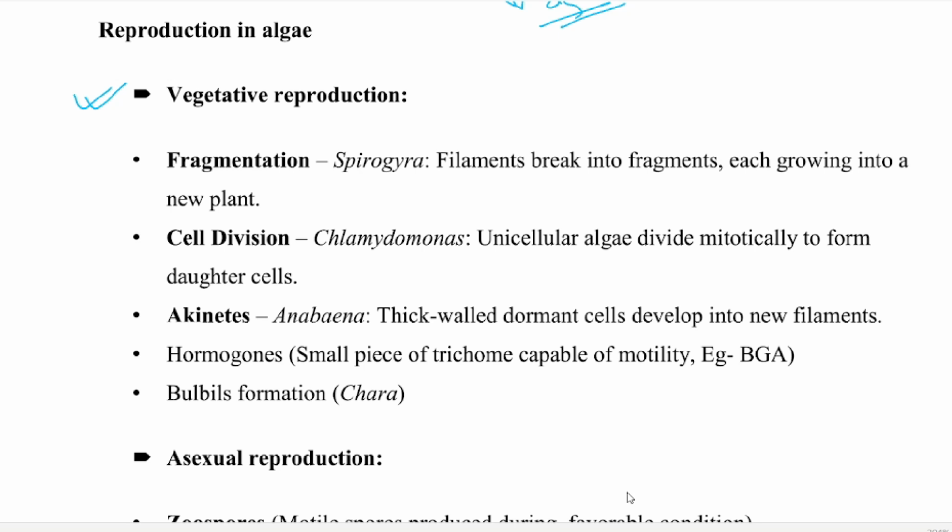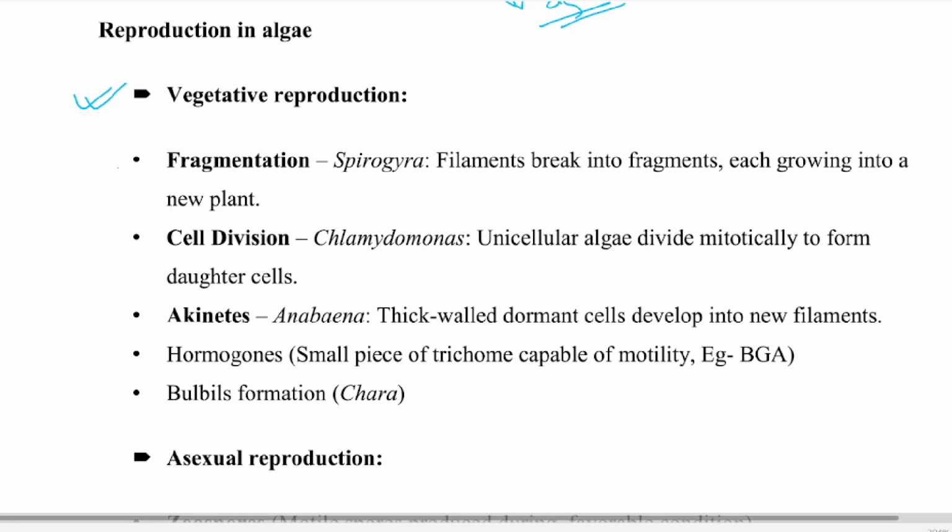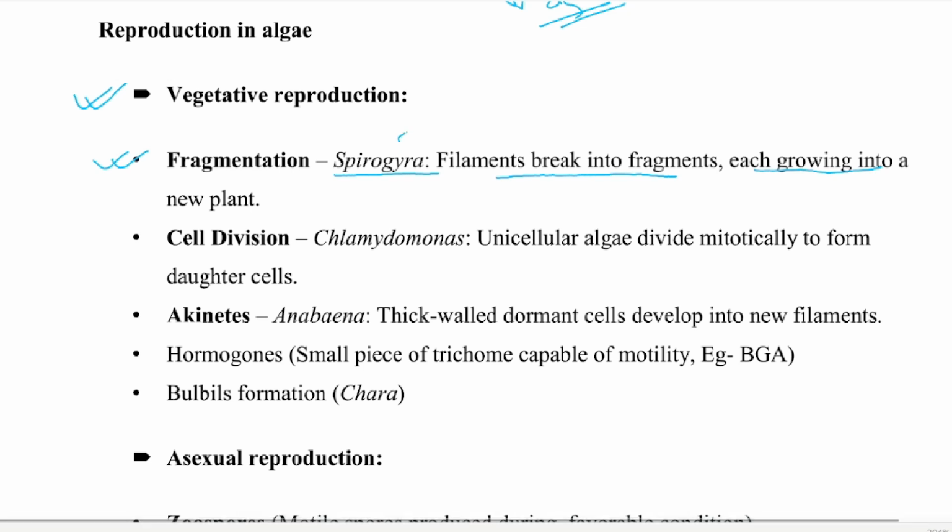Vegetative reproduction is commonly formed through fragmentation. A common example is Spirogyra, which breaks into filaments, each of which grows into a new plant. This fragmentation may be because of injury in the filament of Spirogyra or any filamentous algae.